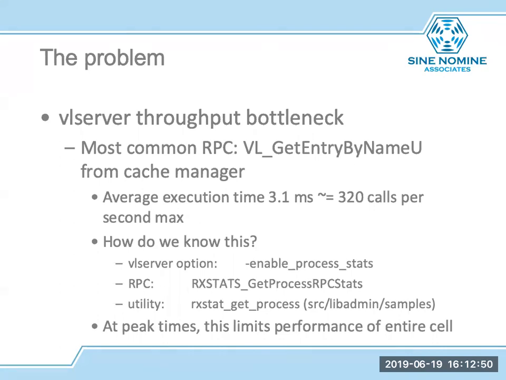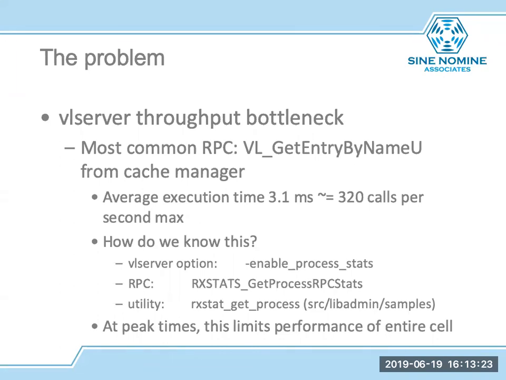You can do enable process stats and enable pure stats, both or none, or one or the other. Okay, so getting back to our use case now, when they used this information to figure out where the load is coming from on the VLserver, this was the RPC that was generating the most amount of load at peak times. And so they knew from just their general instrumentation that at these peak times, the VLserver is the limiting factor, and that is affecting the performance of the entire cell.